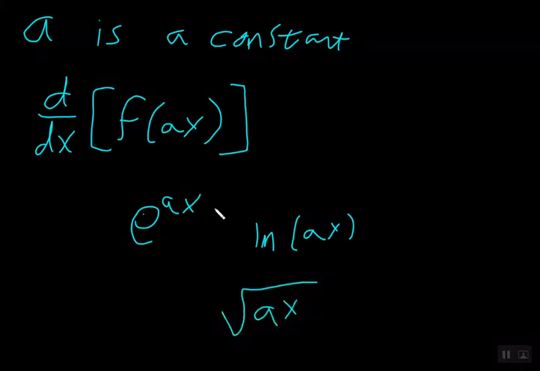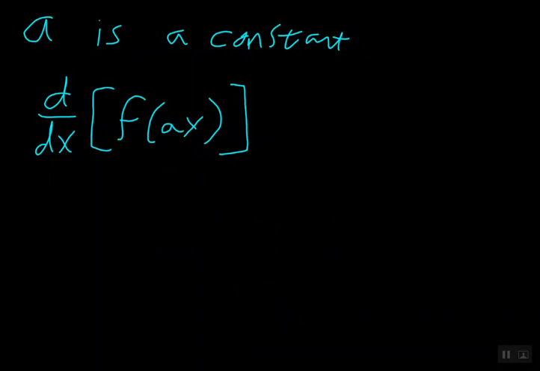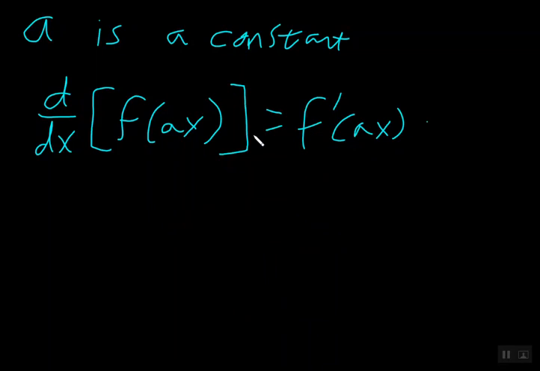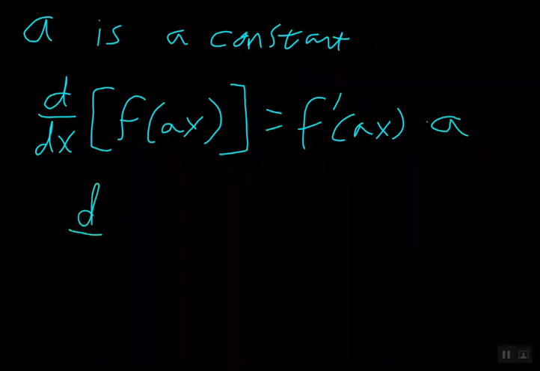The embedded function is just a constant multiple of x. So I want to take this derivative. Well, this is f prime of ax, the derivative, and then you plug in ax, times the derivative of ax, and the derivative of ax is pretty easy. It's the constant coefficient rule and the power rule. It's a. So I'll write it like this.